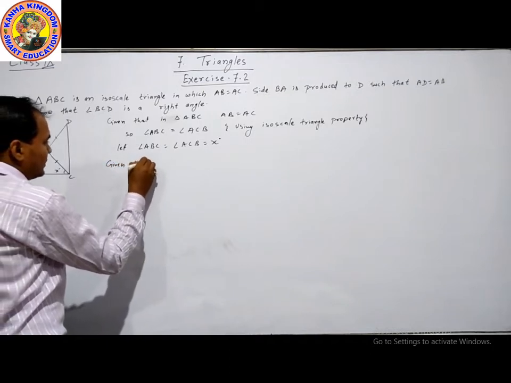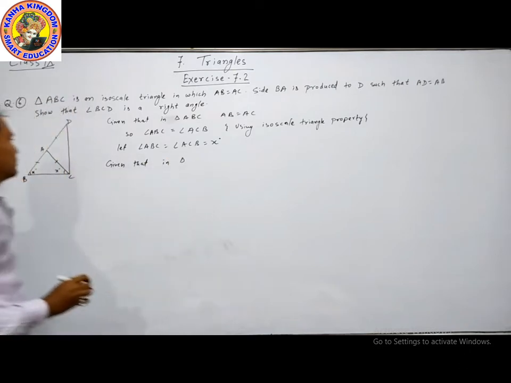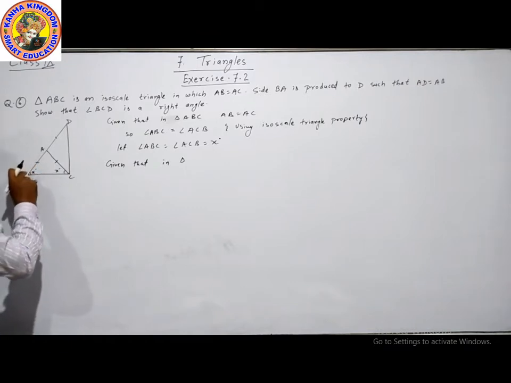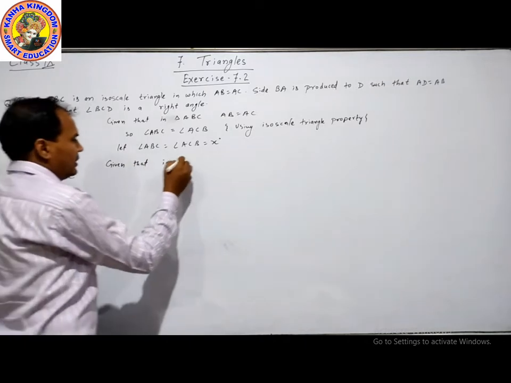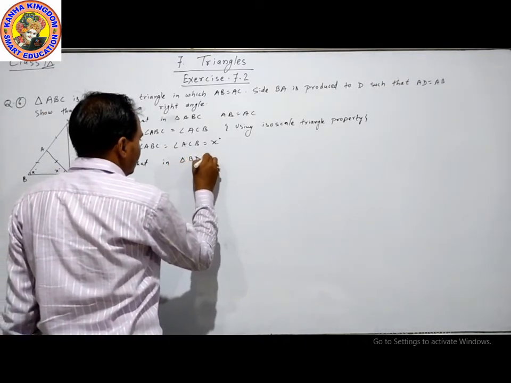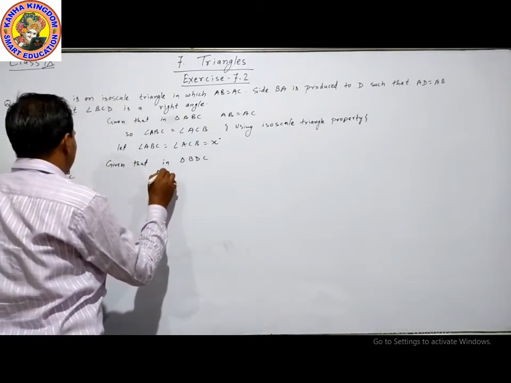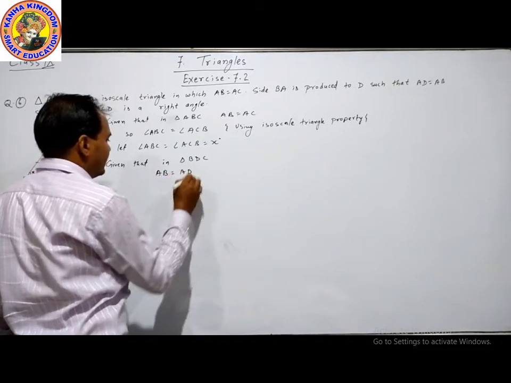Given that in the complete triangle BDC, AB is equal to AD.